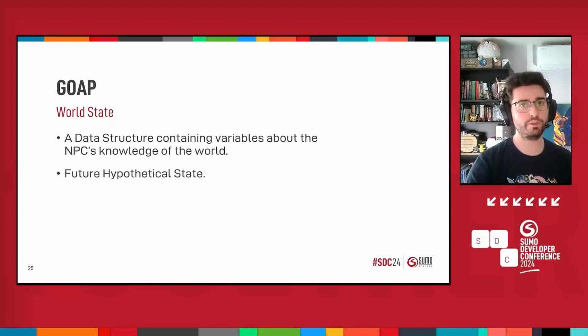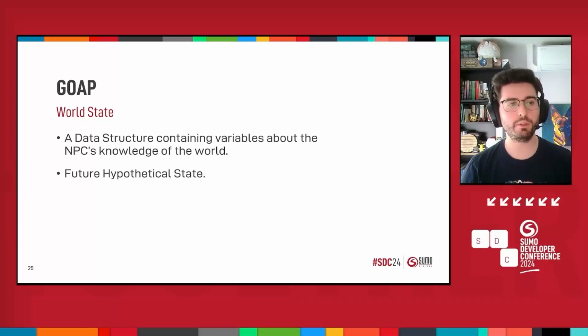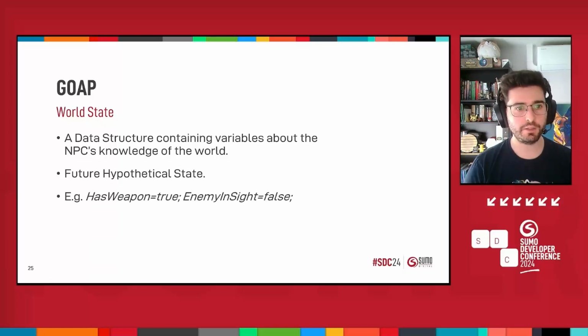And we will be working with that world state to determine if we've achieved our goal. This will make a little bit more sense in a few slides when we run through an example. And some examples of world states might be has weapon, enemy in sight, has an LKP of the player, etc.